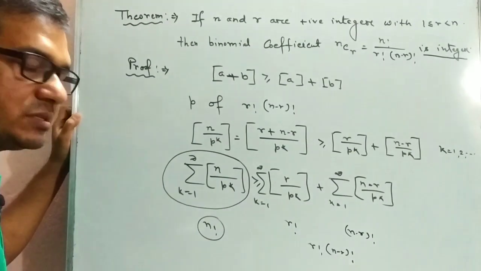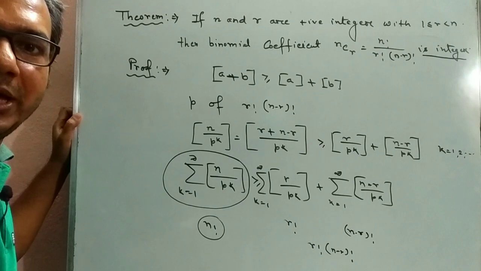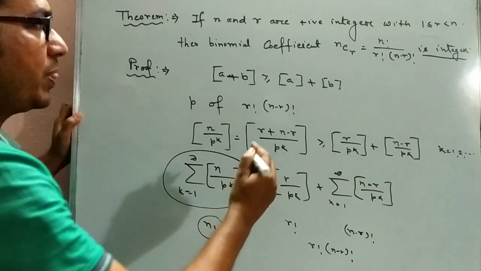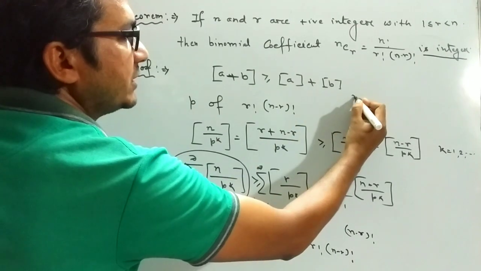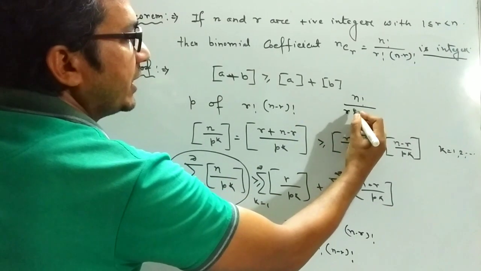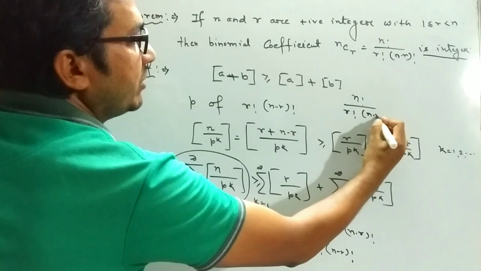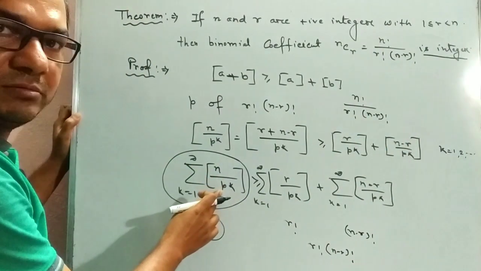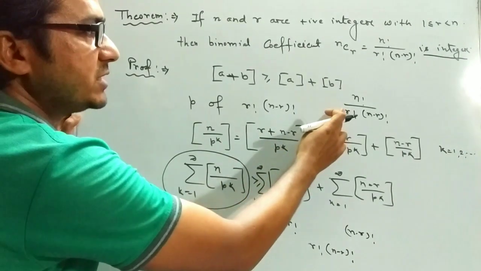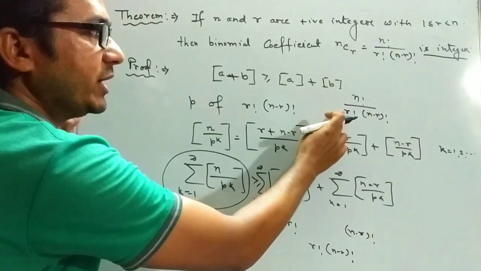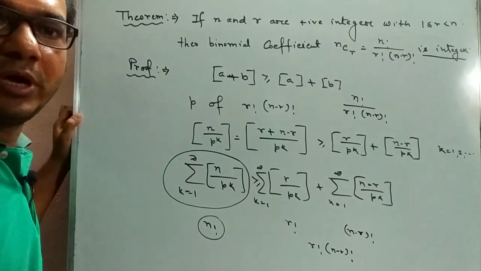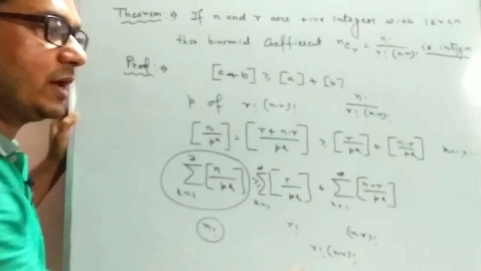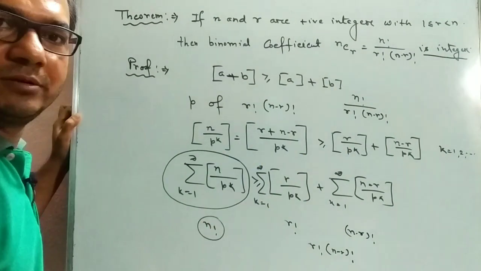So we can say obviously that from this relation, in n factorial by r factorial n minus r factorial, this type of prime p can be cancelled from the denominator. Okay, and similarly all the primes are cancelled from the denominator.